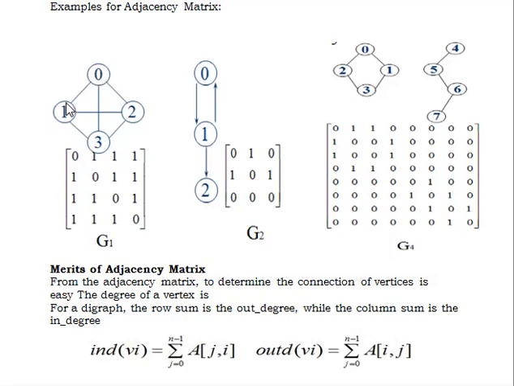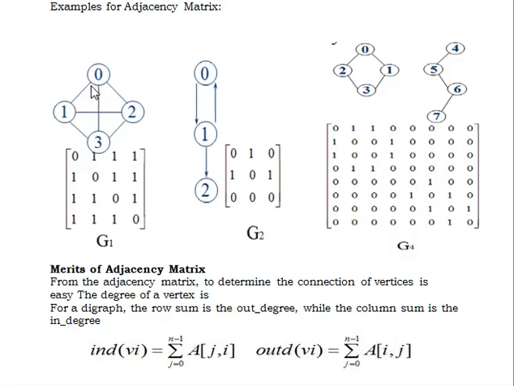So 0 to 1 can happen, but 0 to 0 does not happen. In row and column, 0 to 0 is not visited, so we represent 0 comma 0 as 0.